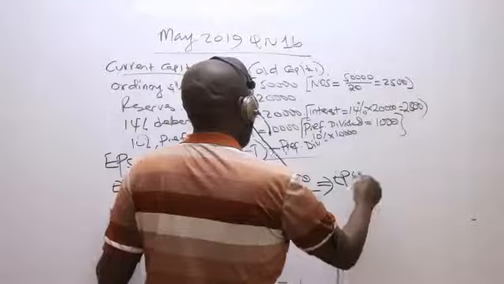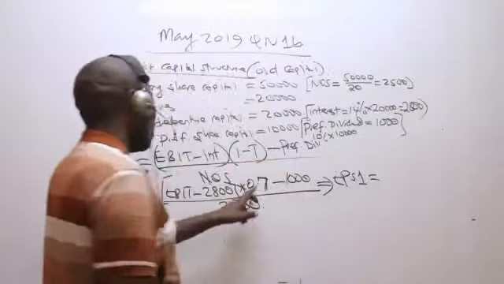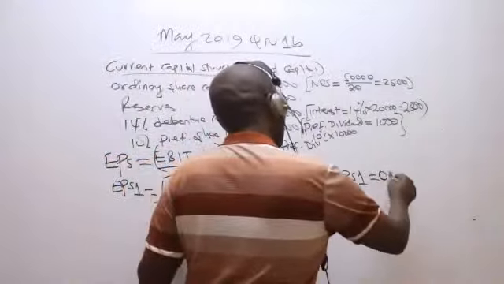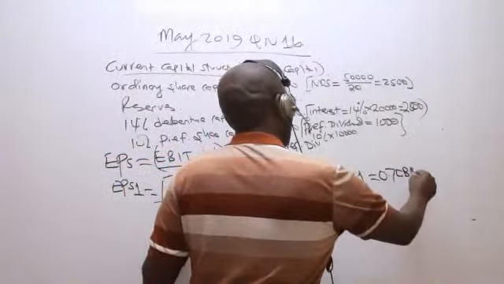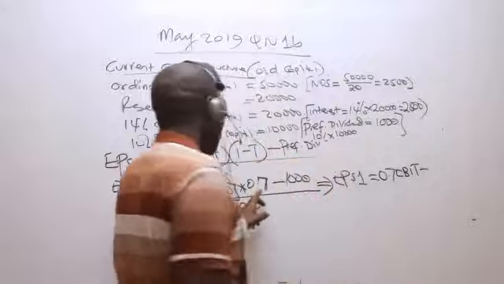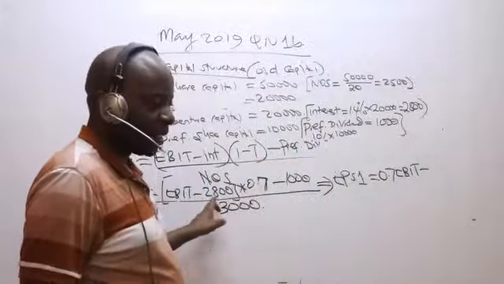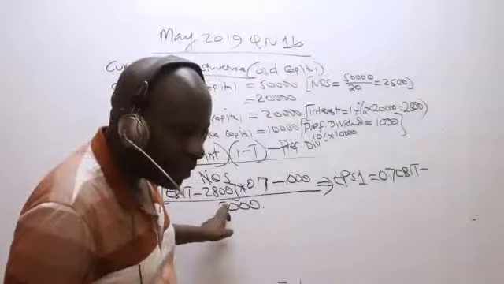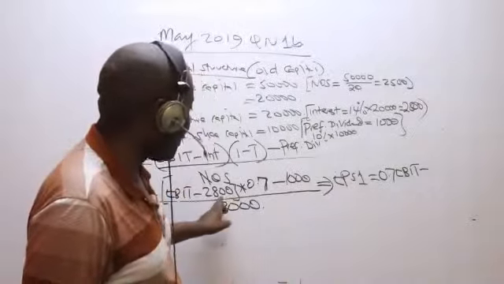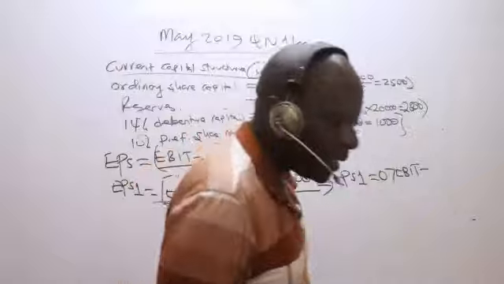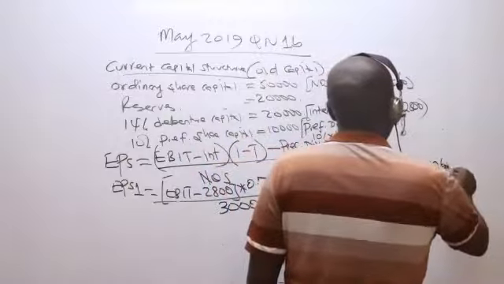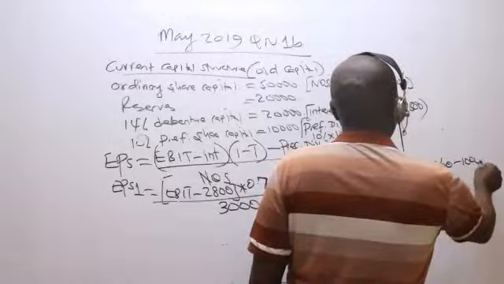Our EPS for option number 1 will be equal to this 0.7 will multiply this. So this gives me 0.7 EBIT minus, how about this times this? This times this gives me how much? 1960. The year I was born. 1960 minus 1,000 remains.